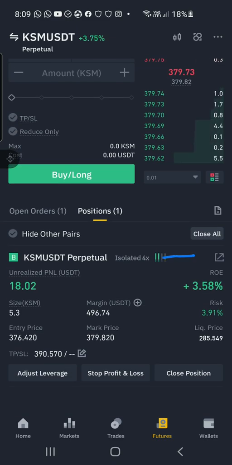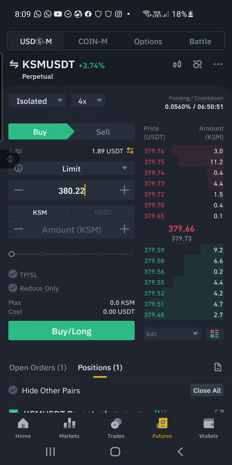Now if you open a trade, a futures trade, like here, you click on buy, and of course in futures trades we do not set OCO. So you click on buy, you click on the price that you want to buy for, and you slide this to tell the app for how much you want to buy it for.